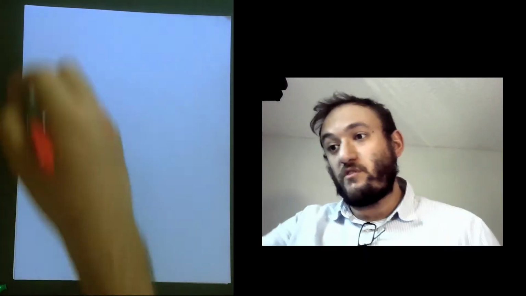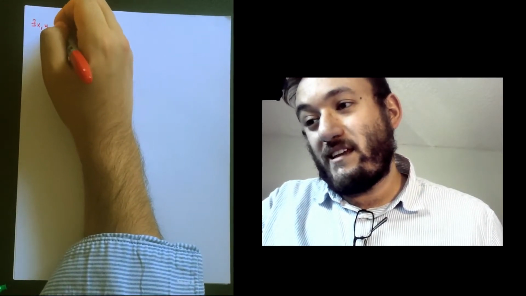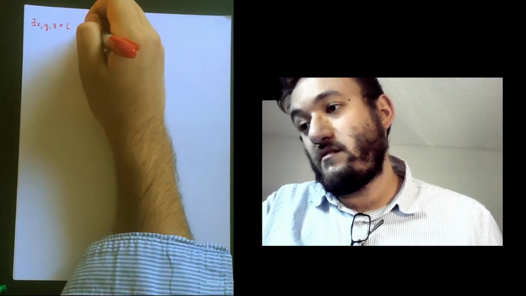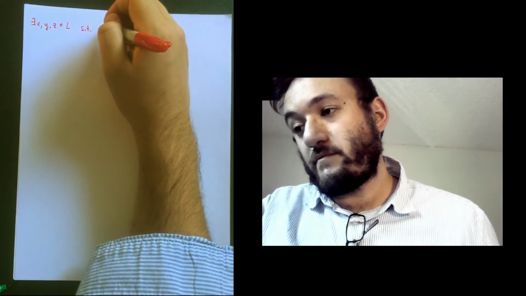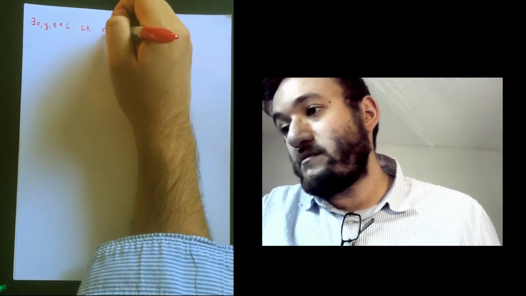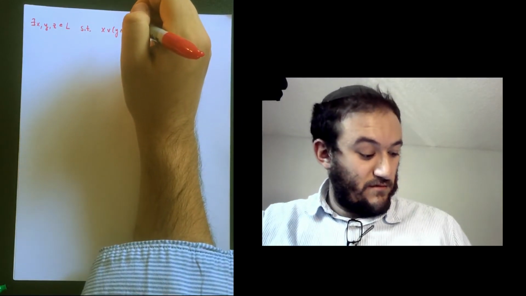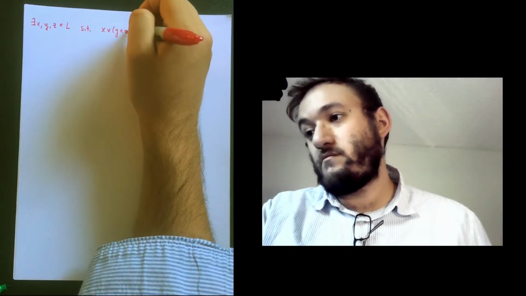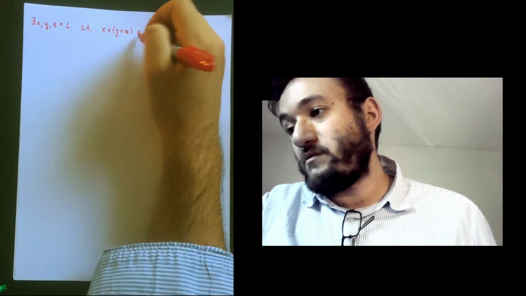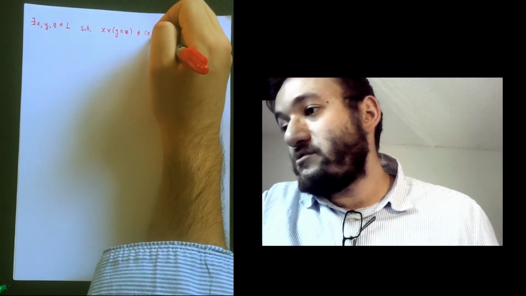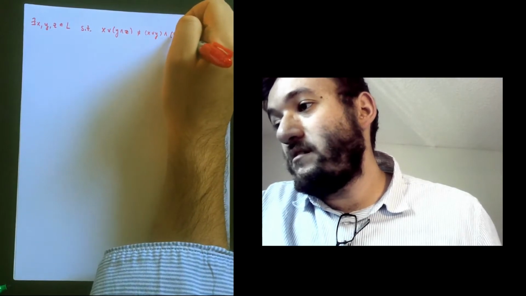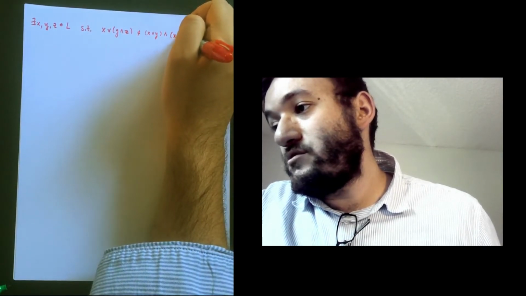Then you're able to produce a contradiction to the distributive law. So you can take, for example, there will exist x, y, and z in L such that x join y meet z is not equal to x join y meet x join z.